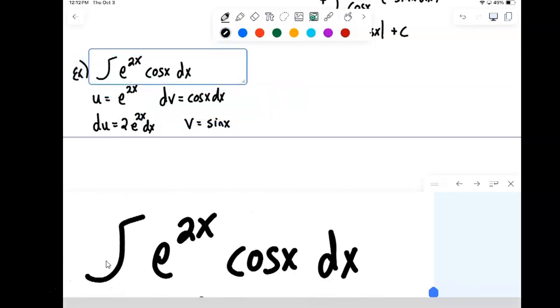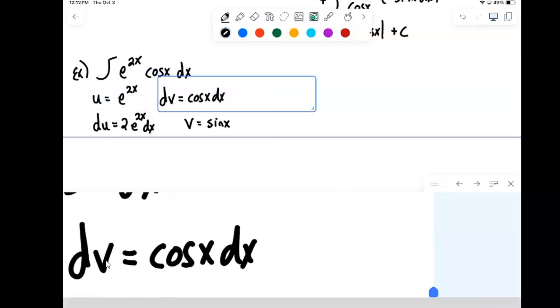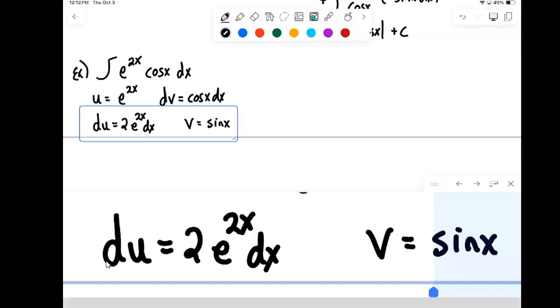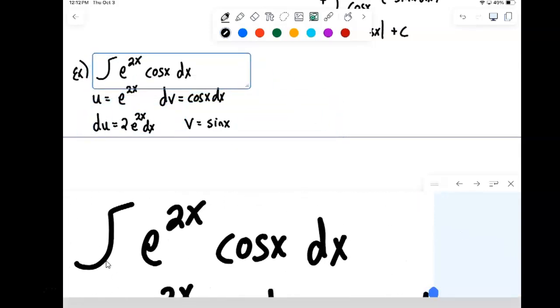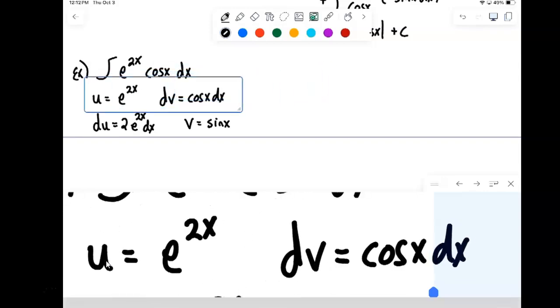Okay, so anyway, we let one of them be u, one of them be dv. Again, if you did it the other way, it actually isn't going to matter. It will still work out. Then we do our process.